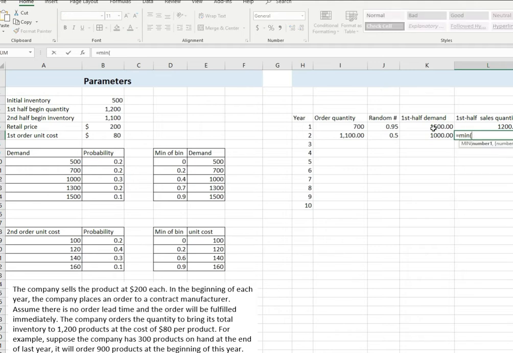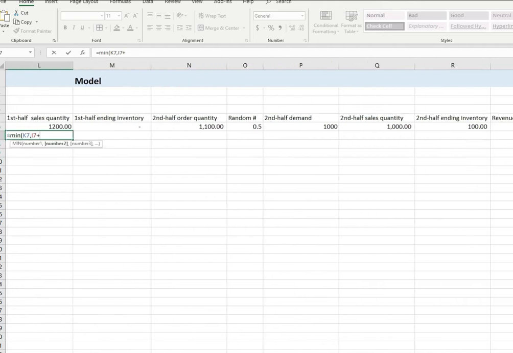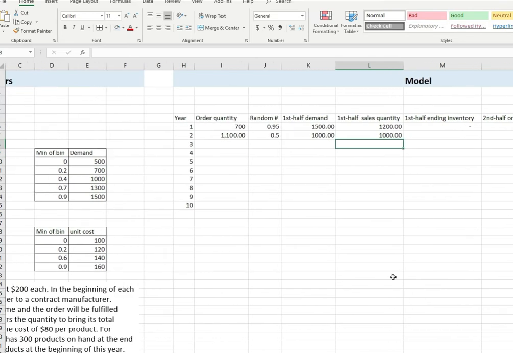It's a smaller of your actual demand versus whatever your inventory is, which is order quantity plus whatever you remain from previous year. Okay, second year ending inventory. Okay, so your sales quantity here.